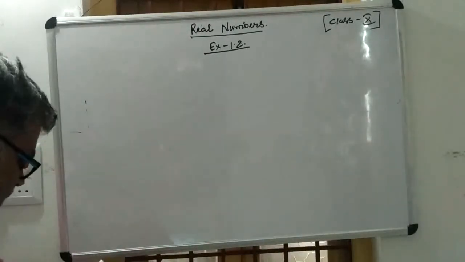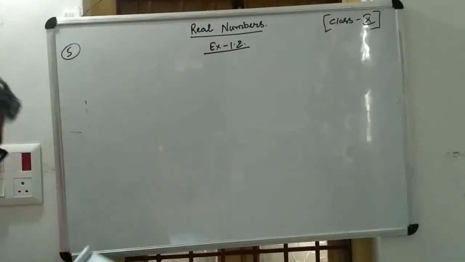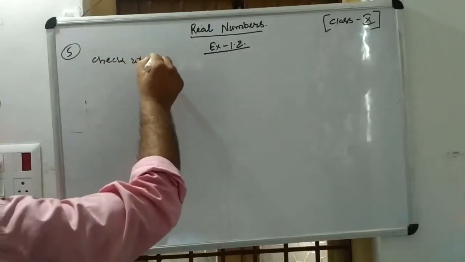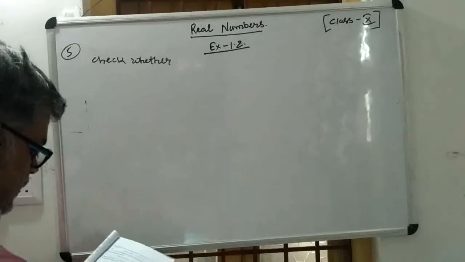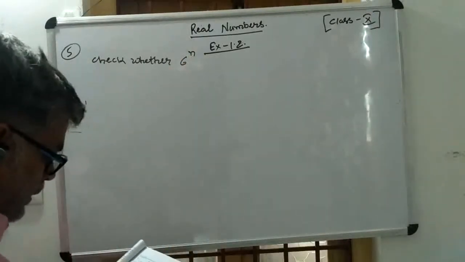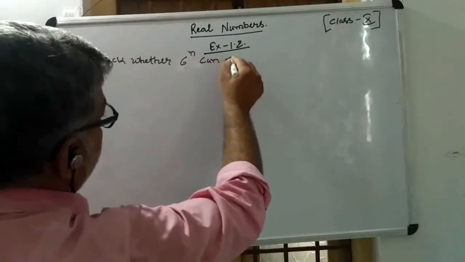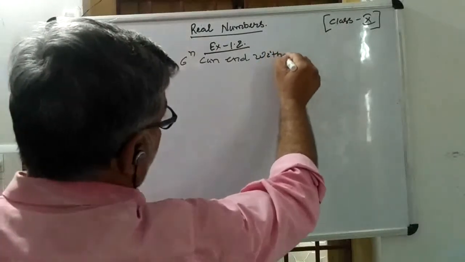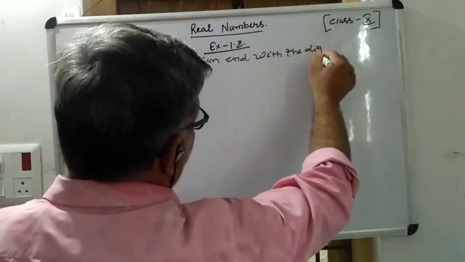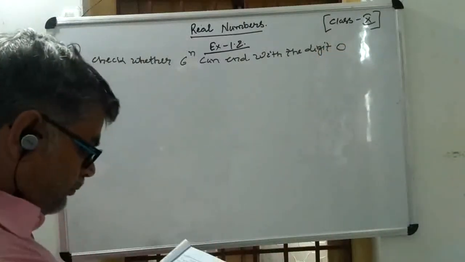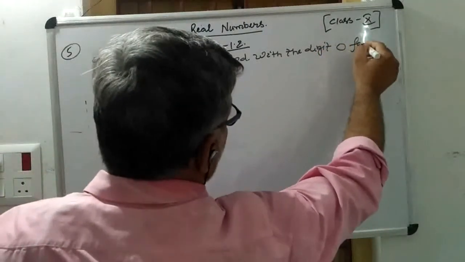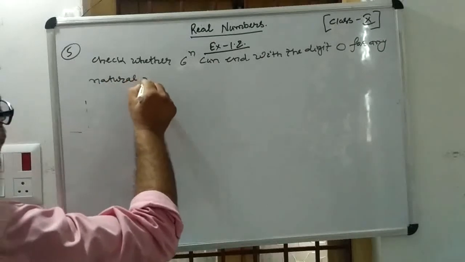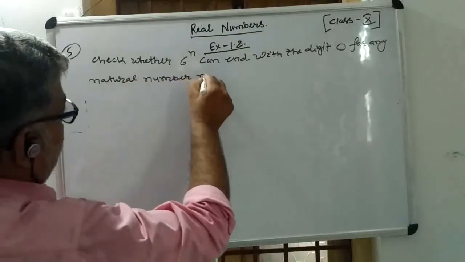Question number 5 says: check whether 6 raised to the power n can end with the digit 0 for any natural number n.